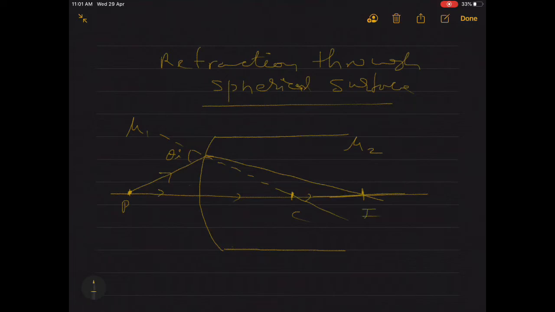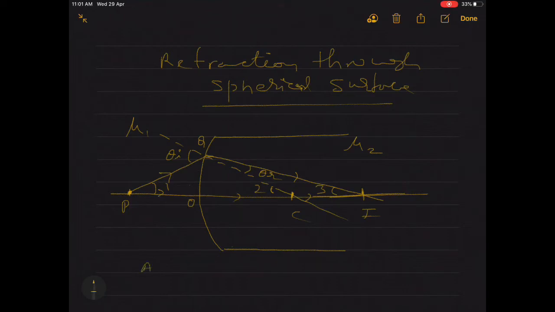Let this be the position I. And this point is taken as O. This angle would be angle of refraction theta r, and this is the refracted ray. Let this angle be denoted by angle 1, this angle by angle 2, and this angle by angle 3. These rays are P, Q and I.